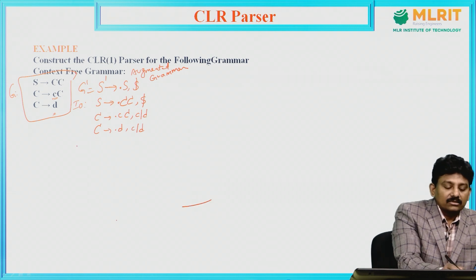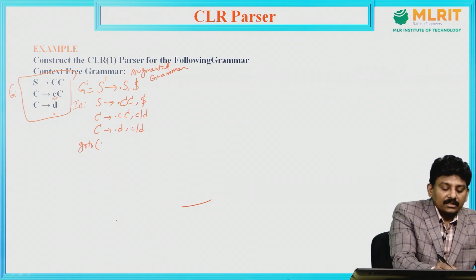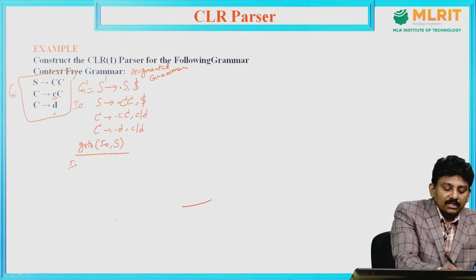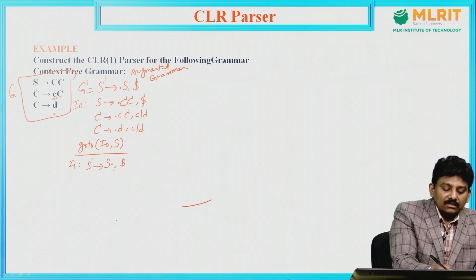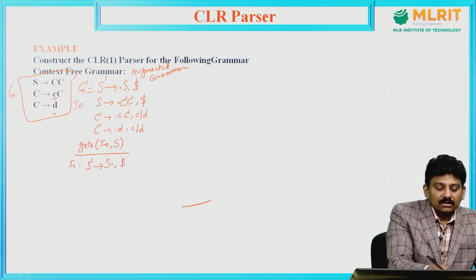Now apply the goto function on I0 comma non-terminal S. You get I1. See, S dash derives S dot, comma dollar; dot reaches the end of the RHS.